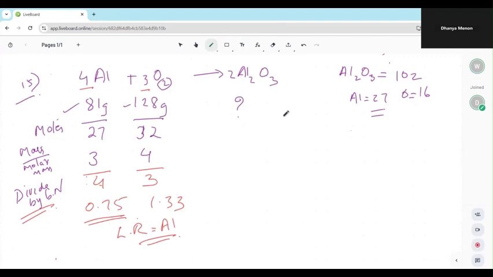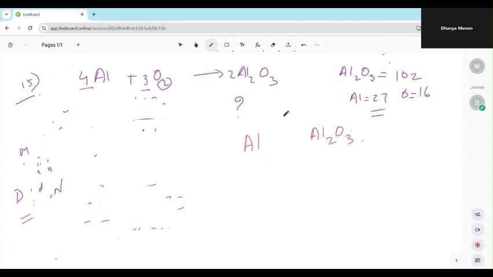Right. Now, knowing the number of moles of aluminium or the mass of aluminium, we can find out the mass of aluminium oxide. Okay, so we need the equation now. This is our equation.